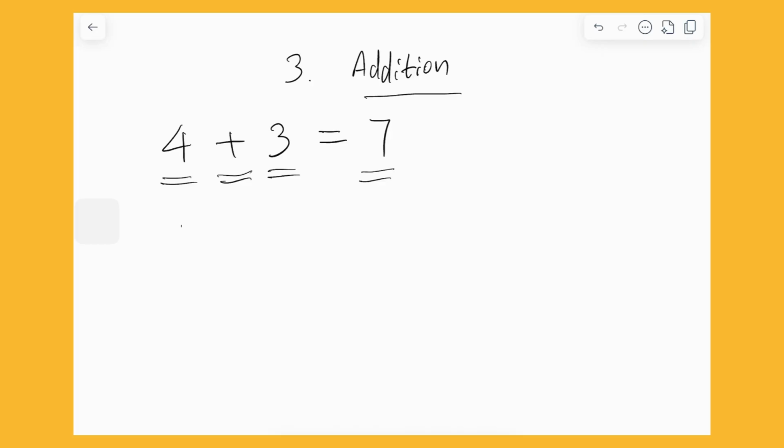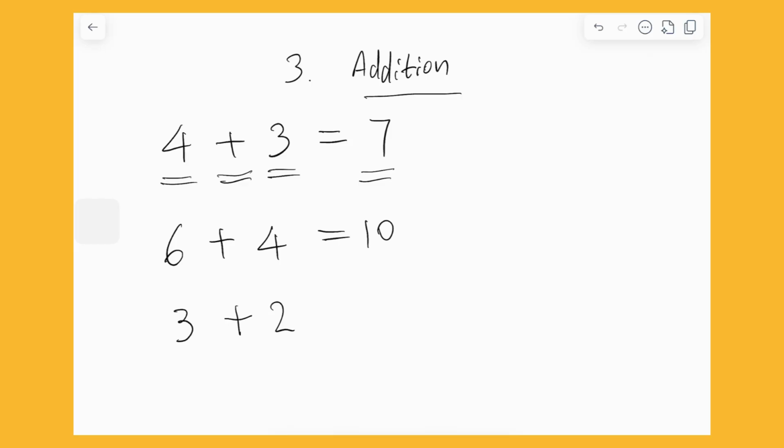So let's say there are 6 red flowers. We have 6 there. There are 4 yellow flowers. Okay, there are 4 there, and 6 plus 4. There are 10 flowers altogether, equals 10. Okay, let's try another one. 3 children are playing. 2 more are coming.